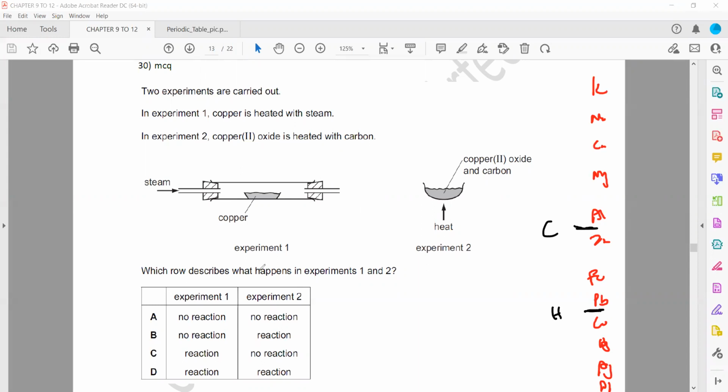So the question is, which row describes what happened in experiment 1? If we mix copper with steam, can the copper displace the hydrogen? When you check the reactivity series, you can see that copper is less reactive than hydrogen, so there will be no reaction. In experiment 2, we have copper oxide reacting with carbon.